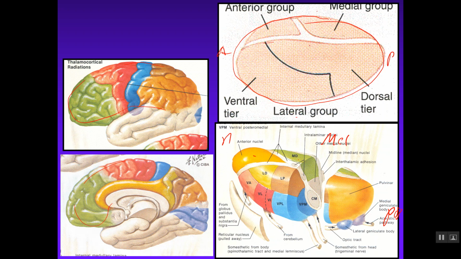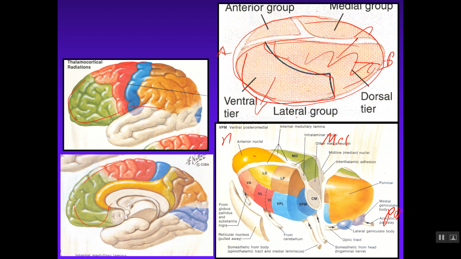This whole area is the lateral group. This is the ventral tier, so it's more ventral of the lateral group. It's called the ventral tier of the lateral group. And this area back here is the dorsal tier of the lateral group. It's more dorsal, top and back.